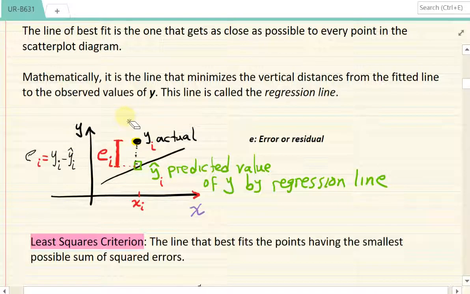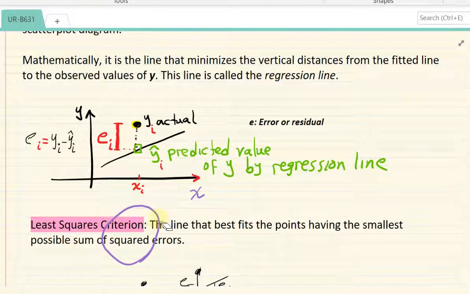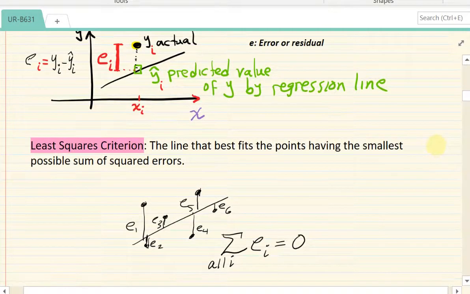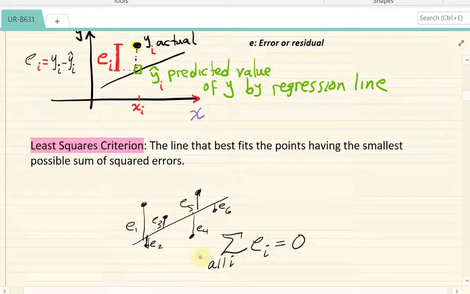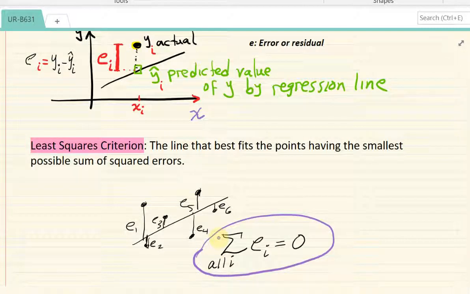The reason we say squared errors is that, if I sum these residuals, and you can prove this mathematically, it turns out that the sum of the residuals is always going to be 0 for the regression line.